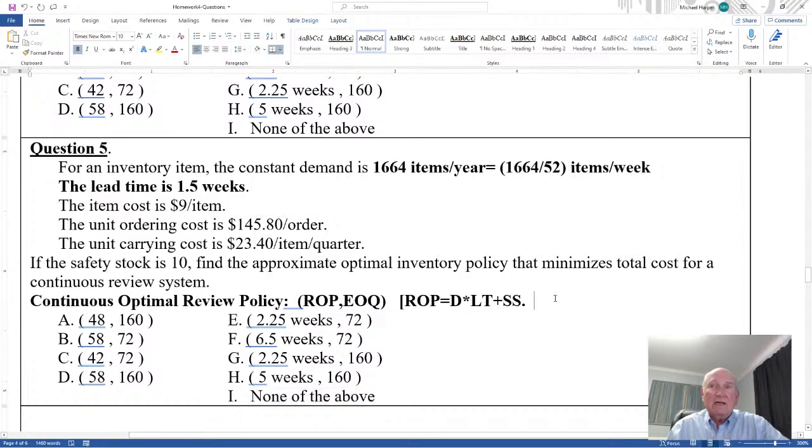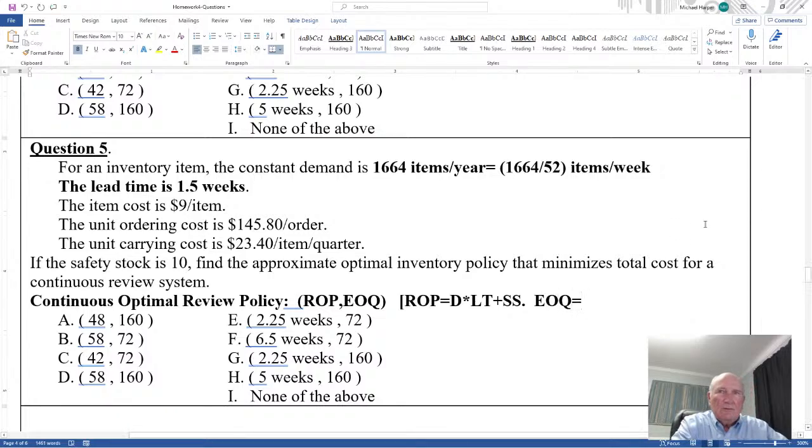But then I need my lot size Q. So again, Q equals DT, okay? Well, I don't think I need that.